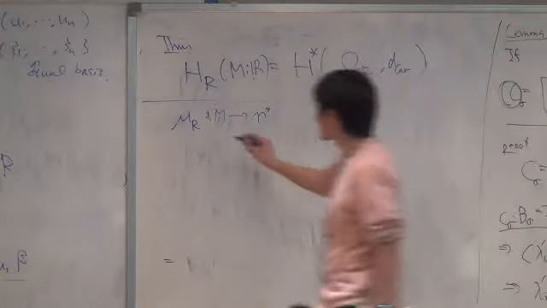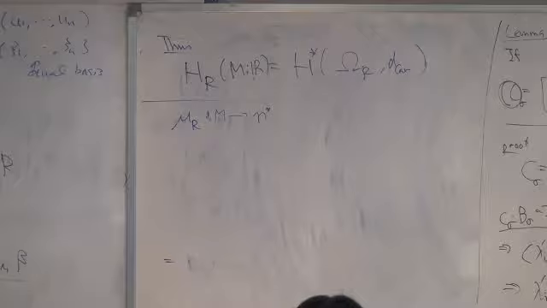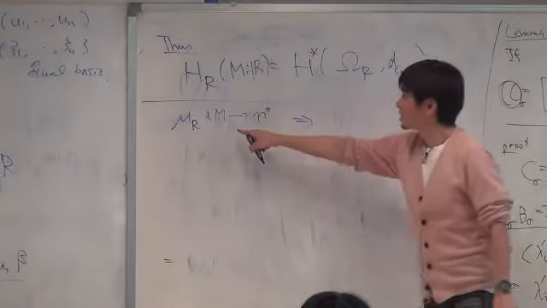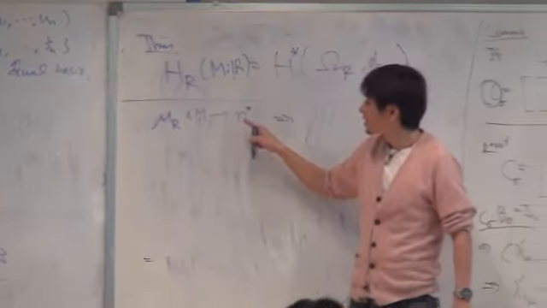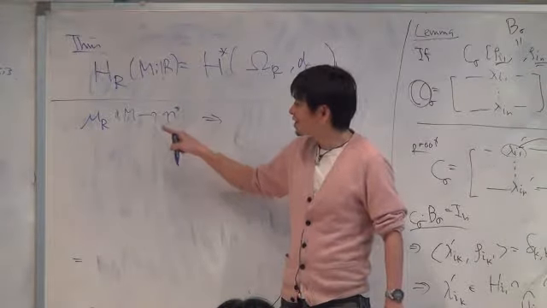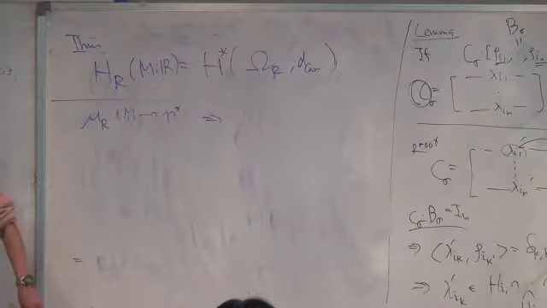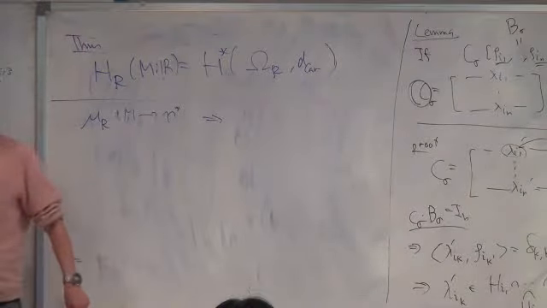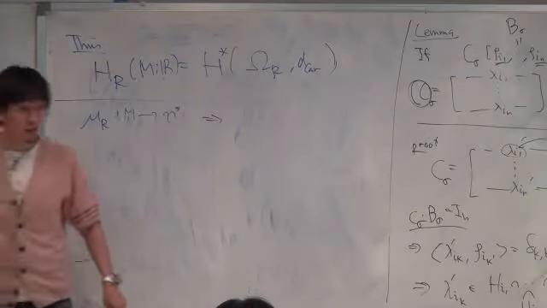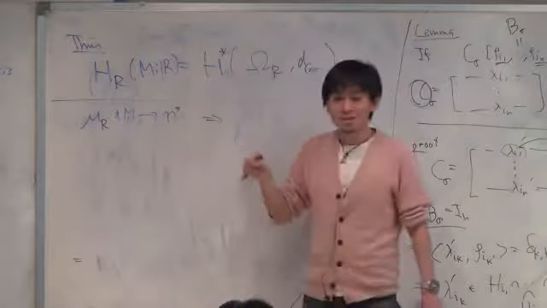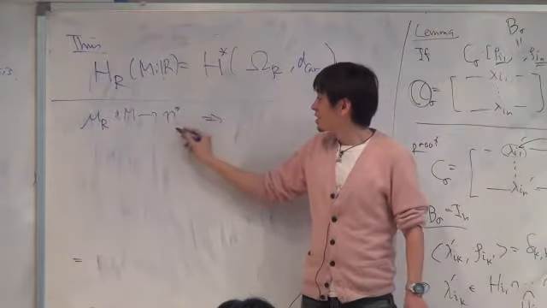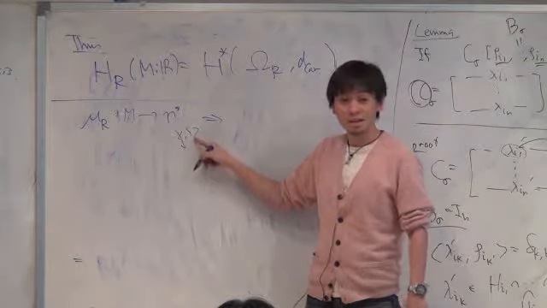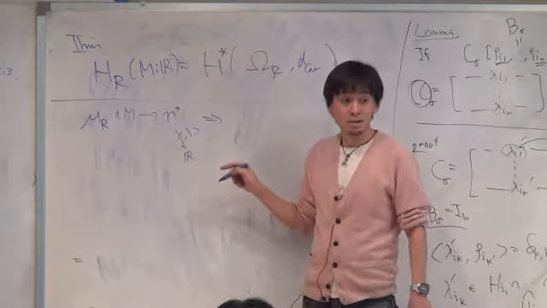I want to think of this as an element of this, and you can look at this map from M. The symmetric algebra of the Lie algebra is the polynomial ring, a function on R. So you take some Xi as an element of the Lie algebra, and by pairing you get a number.